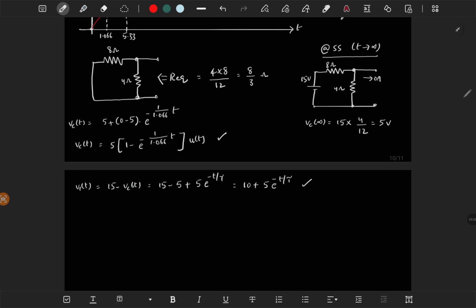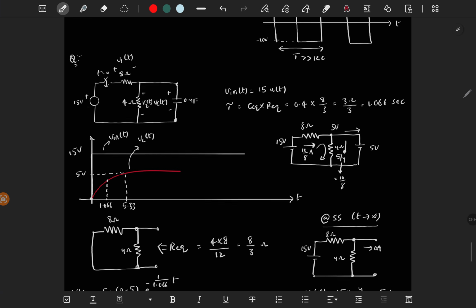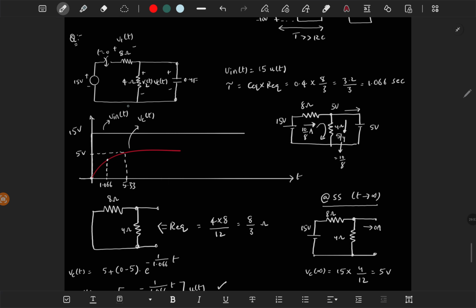We can also derive this V1 of t using that generalized expression: final value plus initial minus final, for any V1 of t or V2 of t. What is the final value of V1 of t? Since the capacitor is open, these two are in series.